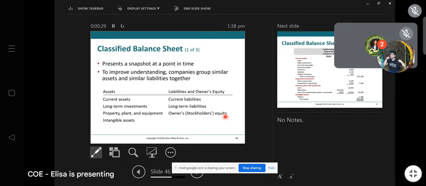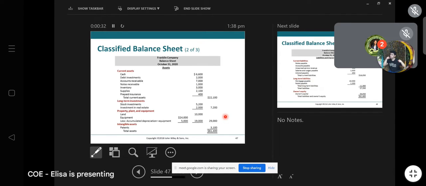So this is the example. You have assets, and under current assets you have cash. The challenge for you now is to identify where each account belongs. It's just familiarization with which accounts belong to current assets, long-term investments, property, plant, and equipment, and intangible assets.